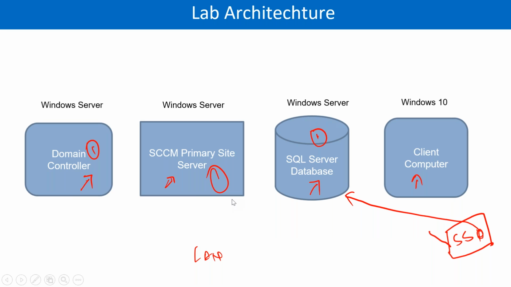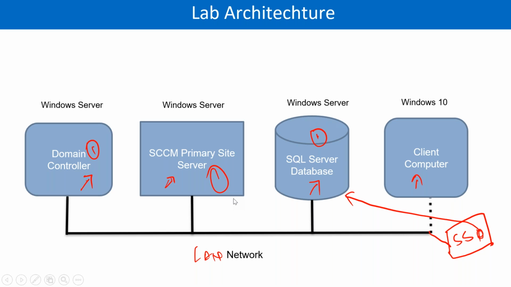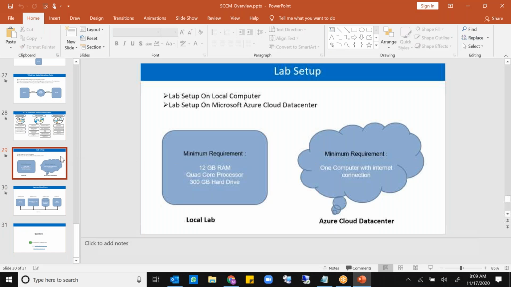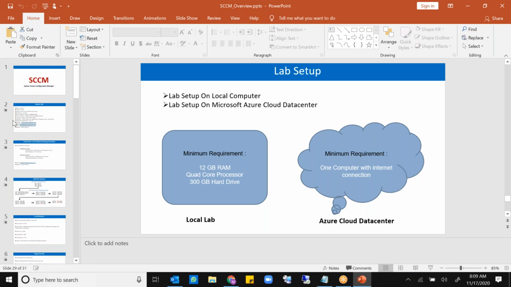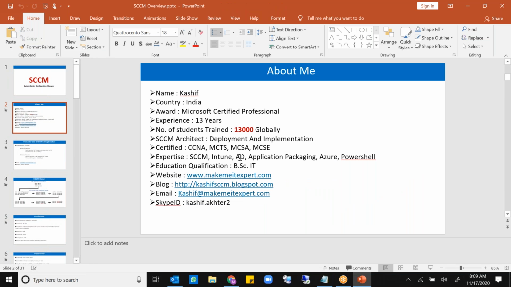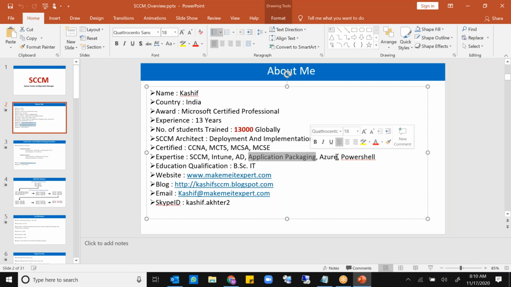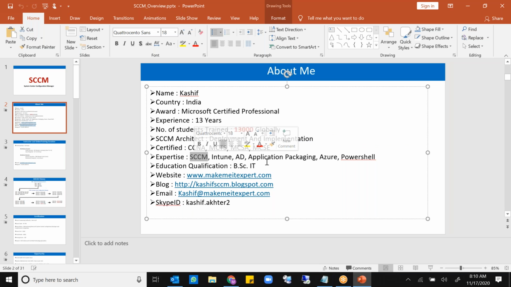But for myself, I am doing application packaging and SCCM. Other trainings I'm not doing at the moment because I'm not getting time. These are the two technologies I'm doing at the moment.